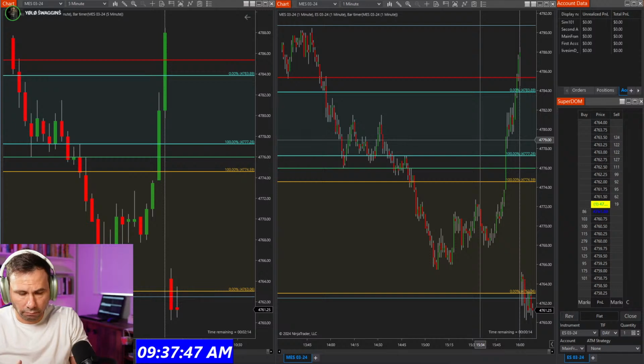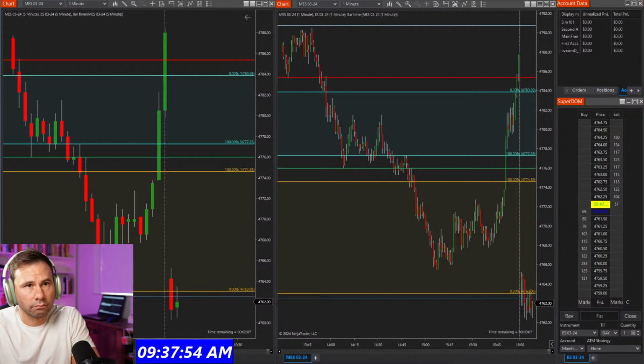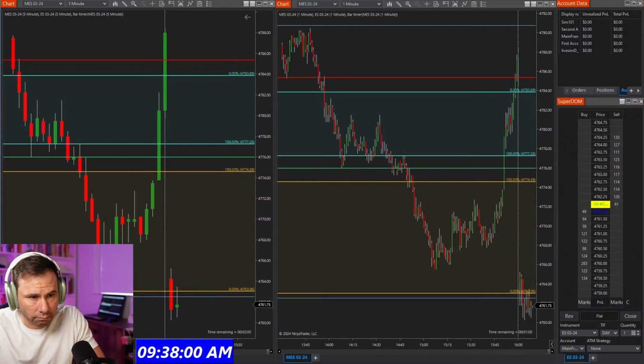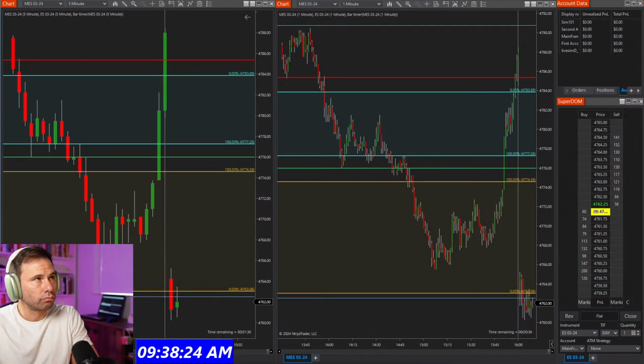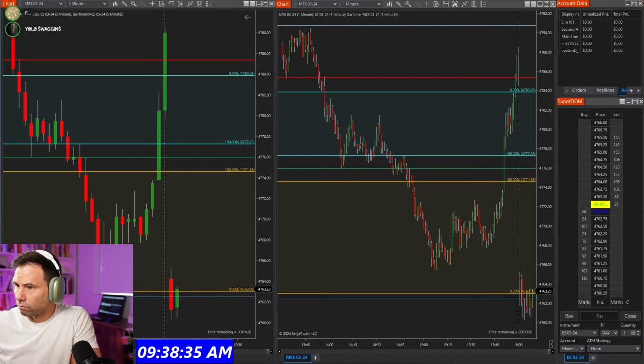Be looking for a retest of 615 here if we get it. All right, here's 615, see what we get here. Coming right back through it.